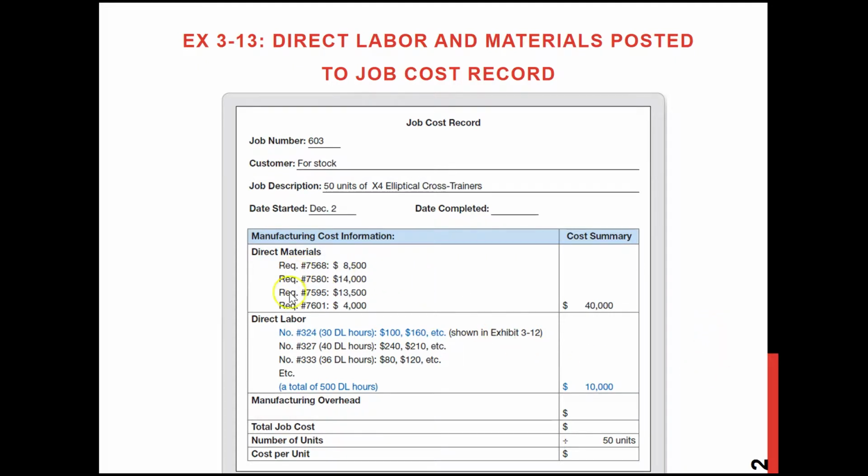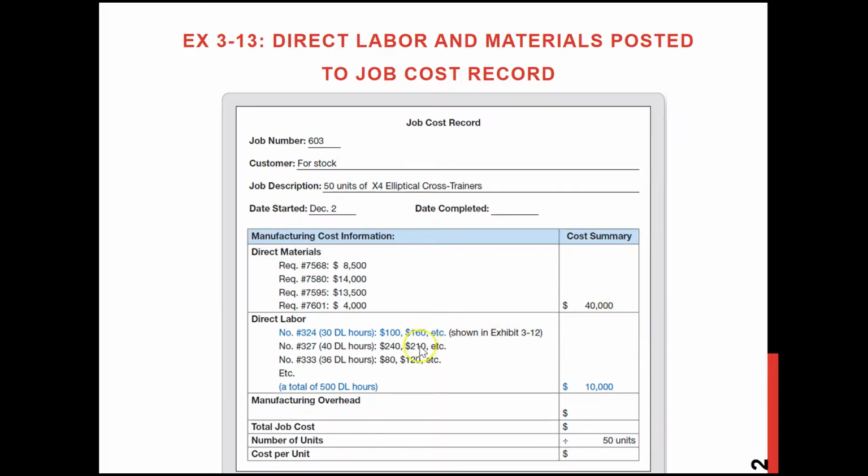Now you will see how it looks after filling in all that information. When they have all the cost information for all of their direct materials, it shows that the total cost of all those direct materials used for job 603 is 40,000.